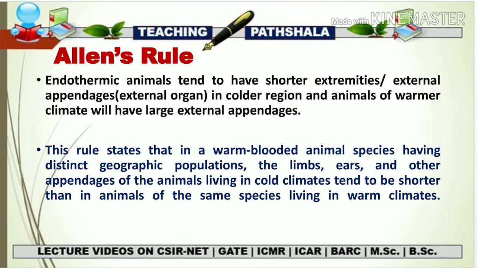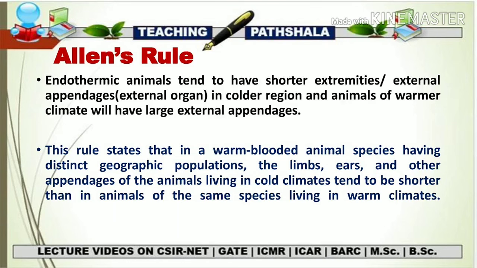In front of you there are two definitions of Allen's rule. Let's go through the first one. Endothermic animals tend to have shorter extremities or external appendages, which are also known as external organs, in colder regions, and animals of warmer climate will have larger external appendages.